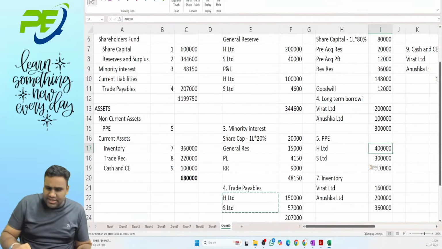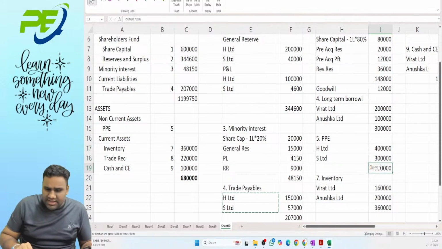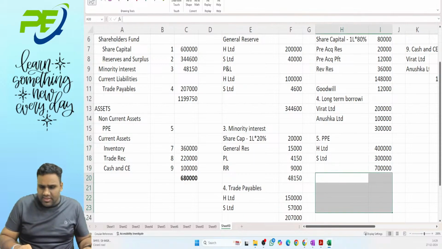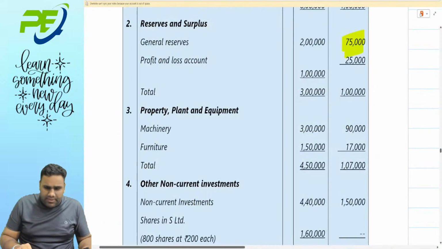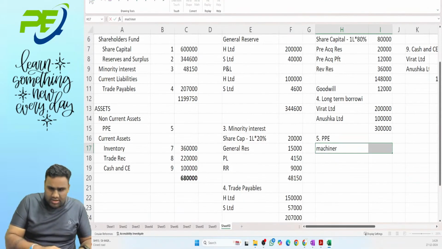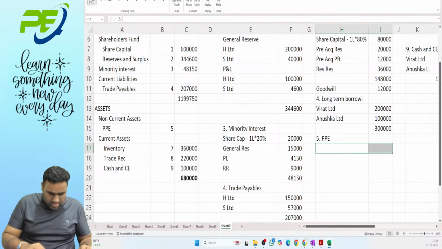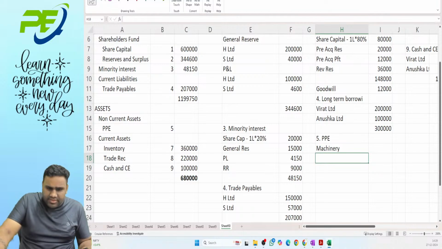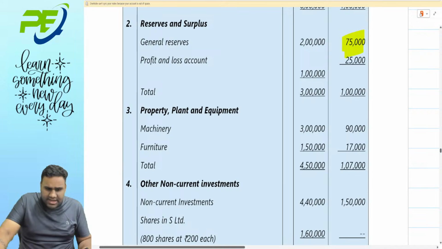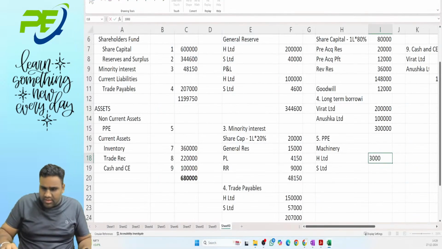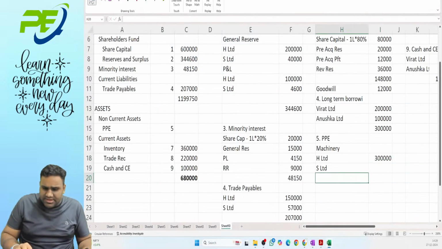Machinery and furniture. This note also will be a little in detail. Under machinery, we will have H Limited and S Limited machinery.